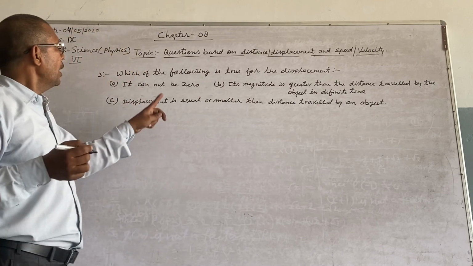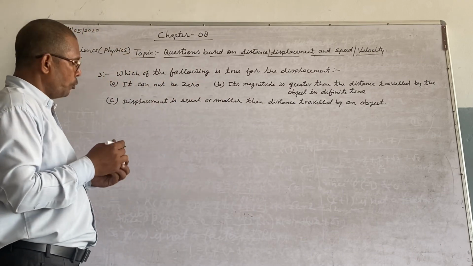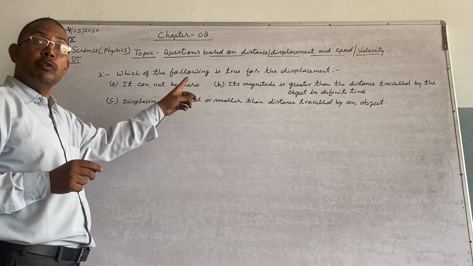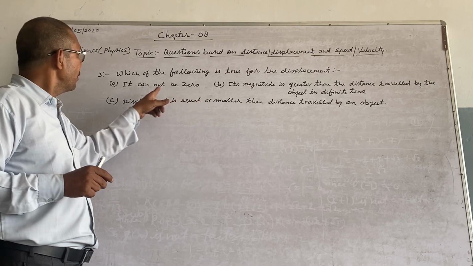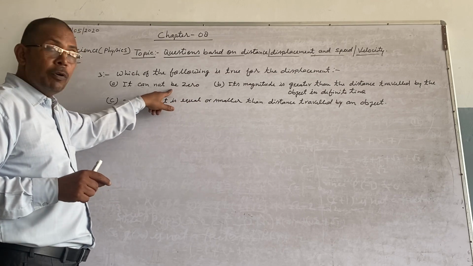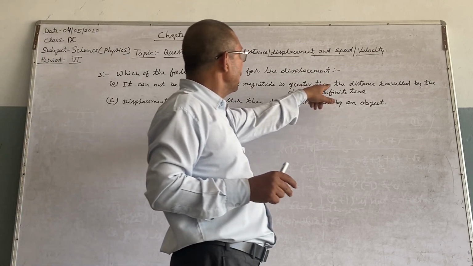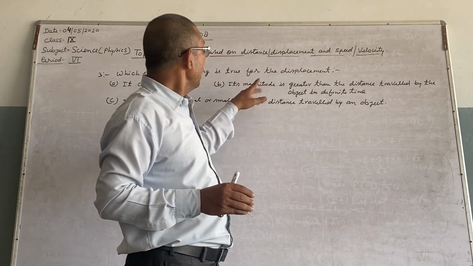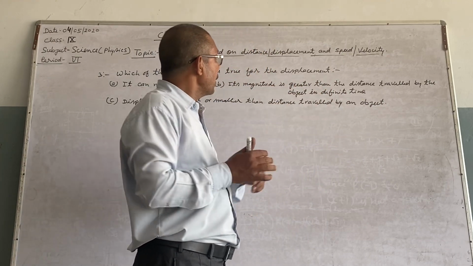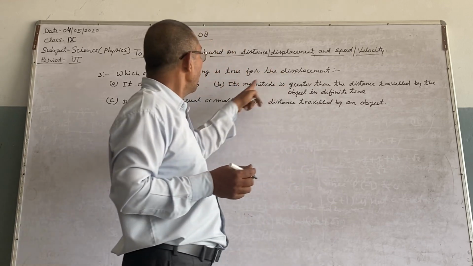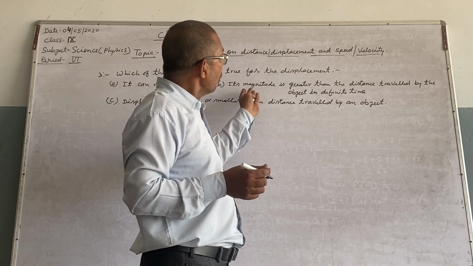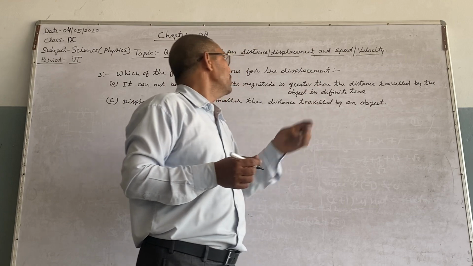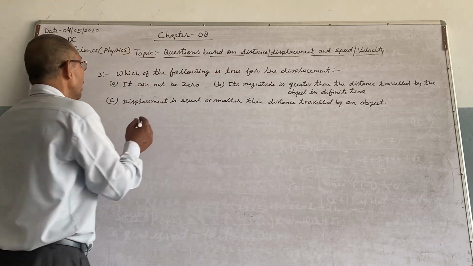So here you have to tell which of the following is true for the displacement. It cannot be zero. Consider whether it is true or not. It is not true. It can be zero, right? Its magnitude is greater than the distance traveled by the object in definite time. The magnitude of displacement is not greater than the distance traveled by the object in a definite time, because this is a rule.